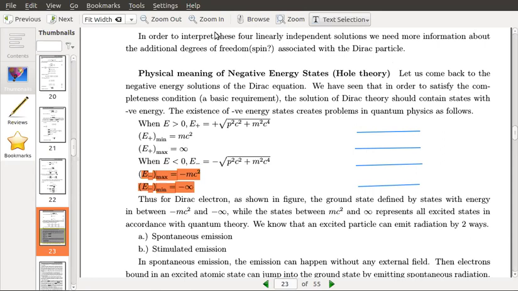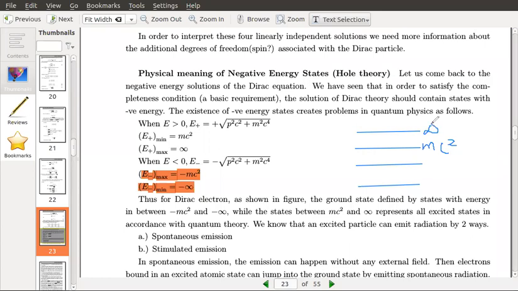I will write this: this is mc square, which is E plus minimum, and this is infinity.